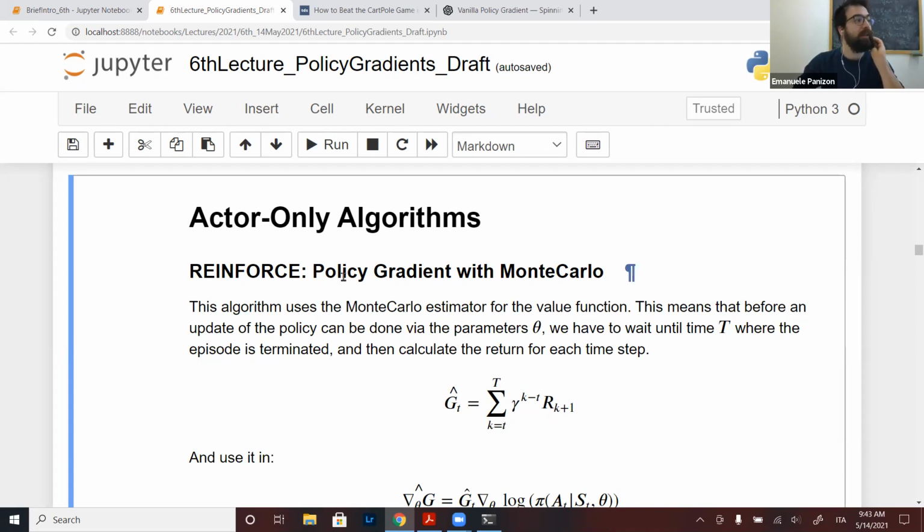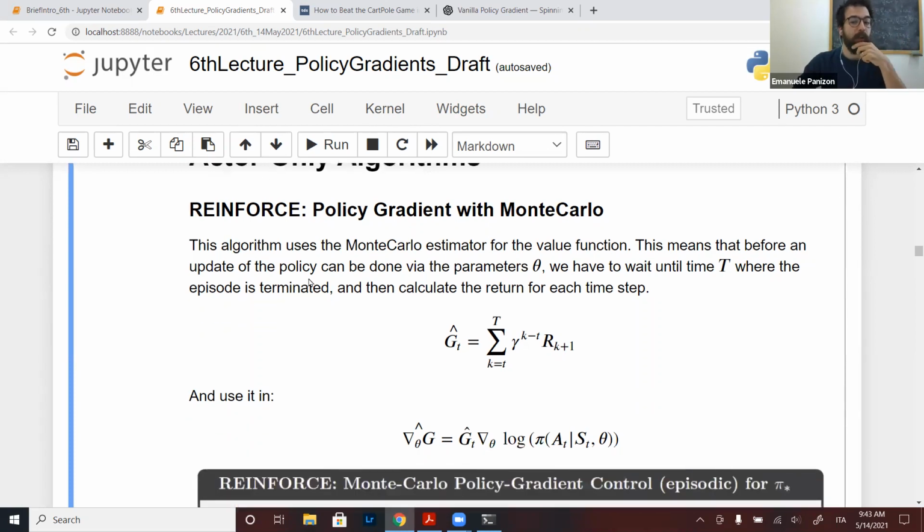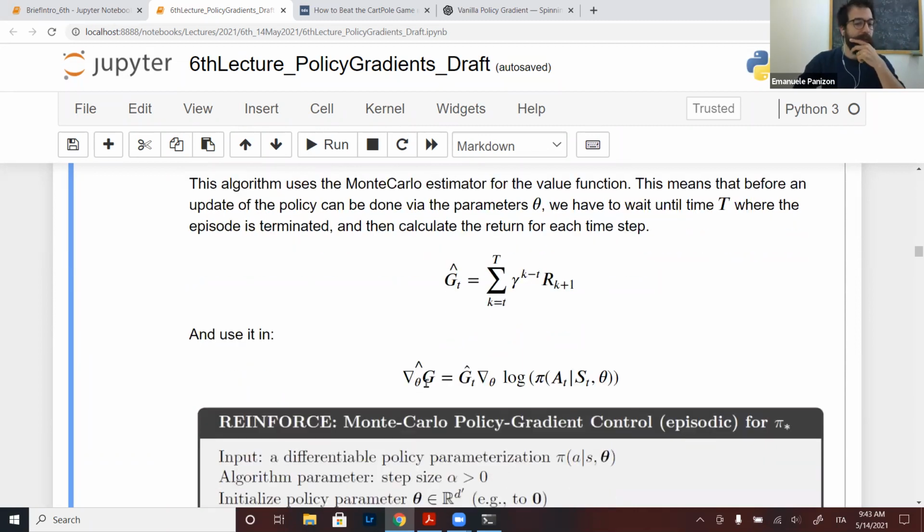It's an actor only, so it does not need to store and estimate explicitly the value, because it uses Monte Carlo. If you remember, Monte Carlo is just that instead of having to estimate or knowing the Q, we just consider the return at time t, the complete return at time t. So we will use this gradient of theta g.